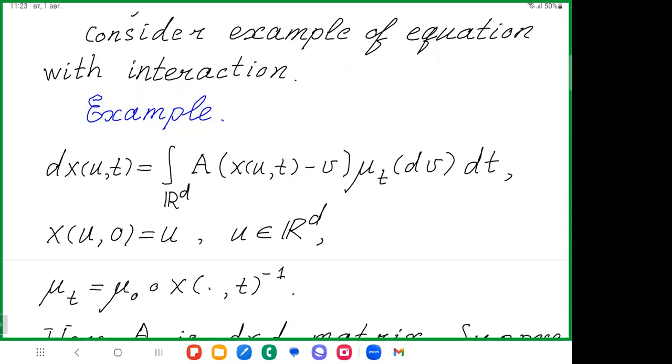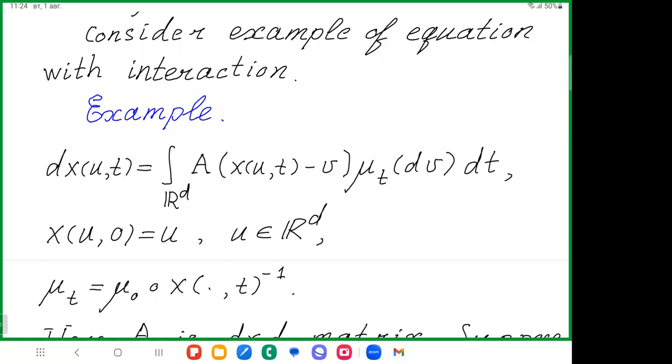After this, it is natural to suppose that the asymptotic behavior of the equation with interaction will be very different from the asymptotic behavior of solutions to an ordinary stochastic differential equation. And why are we looking for the asymptotic behavior of the solution to any stochastic differential equation?